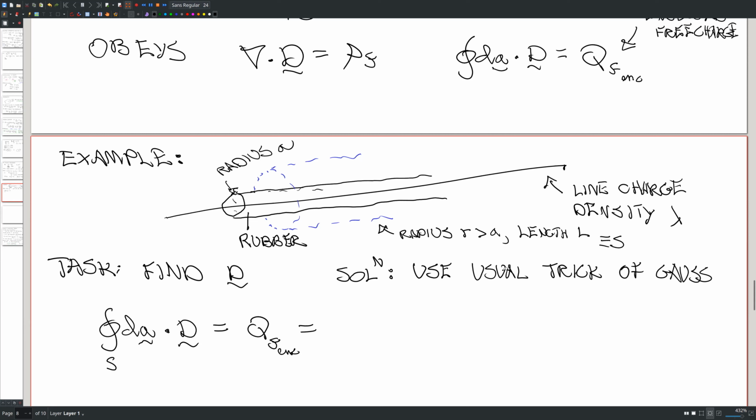What is Q_F enclosed? Well, I've got just L times lambda, right? Because the only place where there is free charge is on the wire.